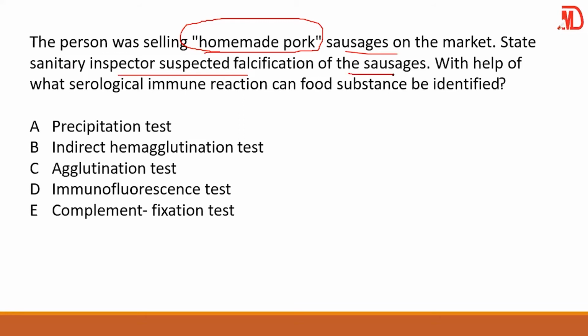The state sanitary inspector suspected falsification of the sausages. With the help of what serological immune reaction can food substances be identified? The disease here is trichinosis, and usually we do what we call a precipitation reaction.